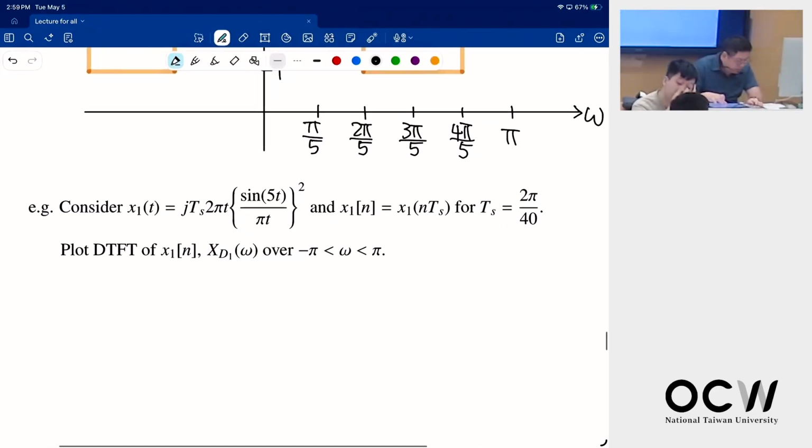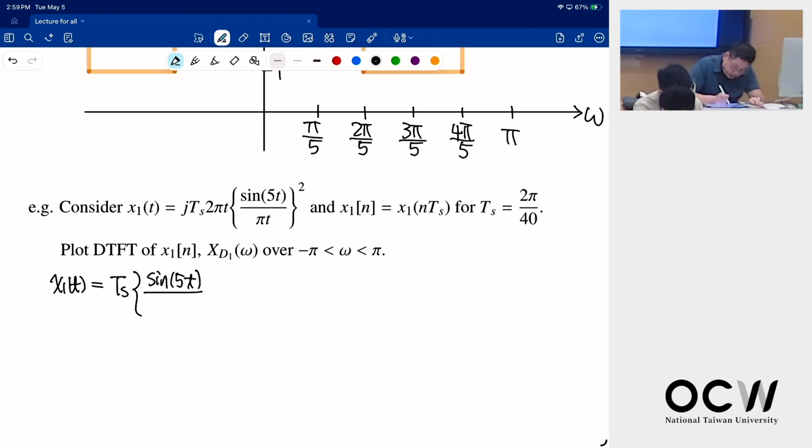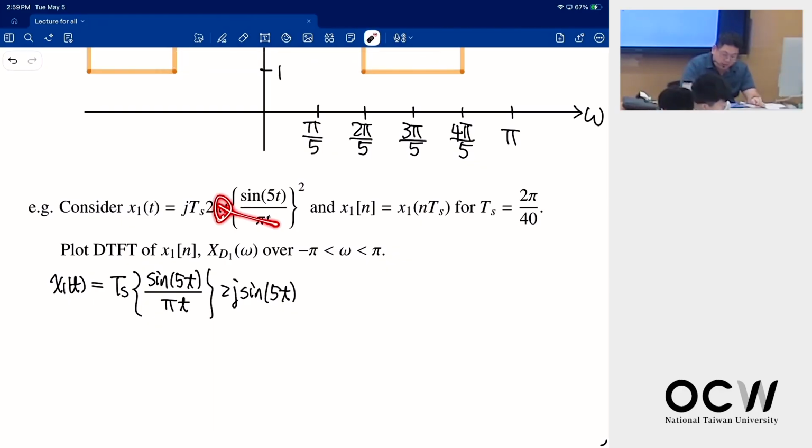So this means this is Ts times the sinc function times 2j times sine 5t. Okay, 1 pi t that cancel out.